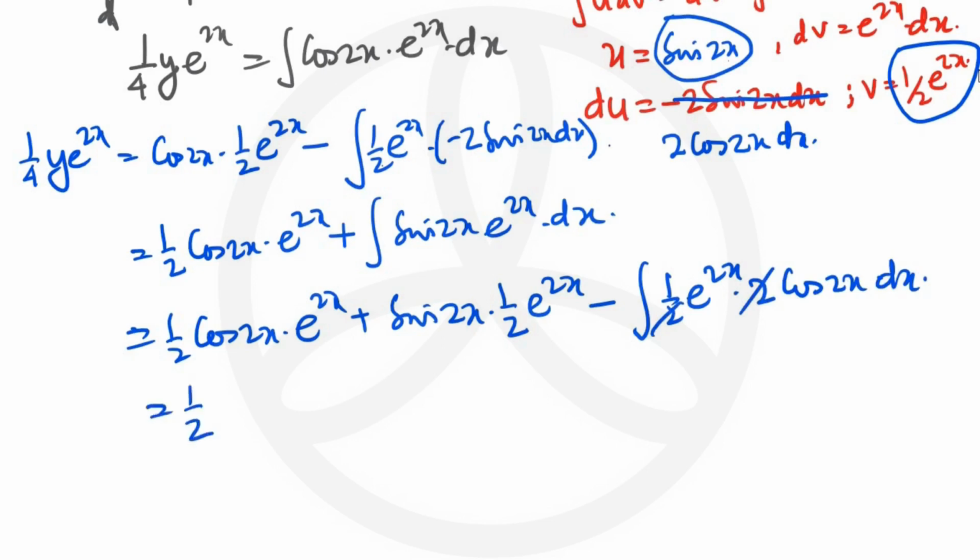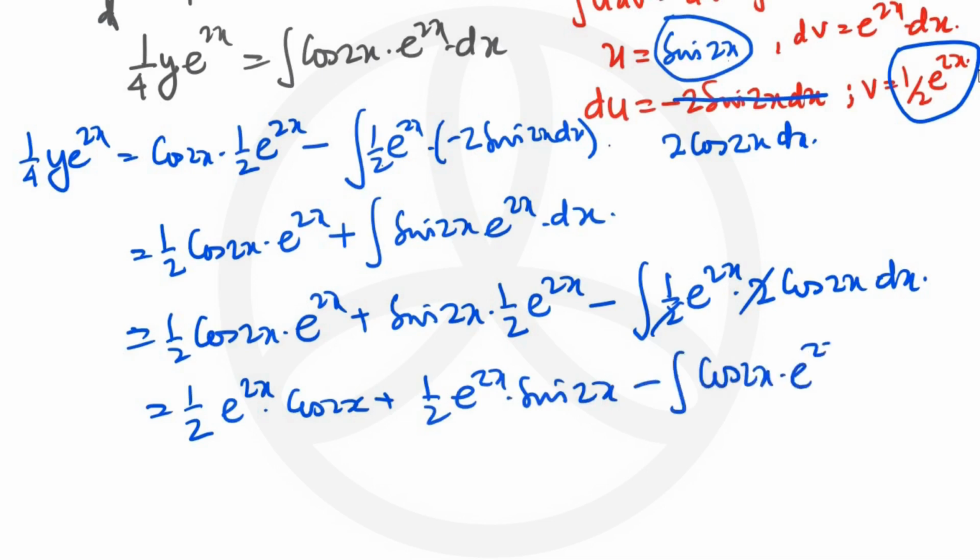And this is nothing but e to the power 2x cos 2x plus half of e to the power 2x sin 2x, and this is nothing but cos 2x e to the power 2x dx. Now if we look at this particular expression, this is nothing but this one. The integration of cos 2x multiplied by e to the power 2x dx is nothing but 1/4 y e to the power 2x.